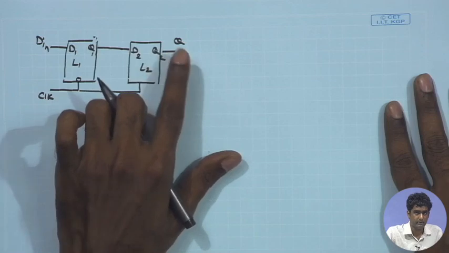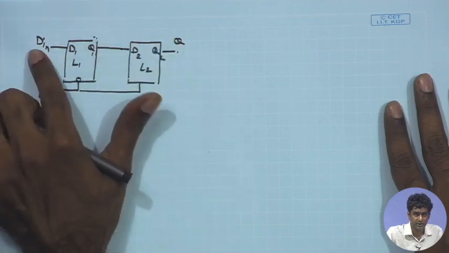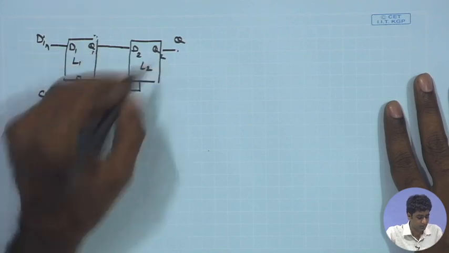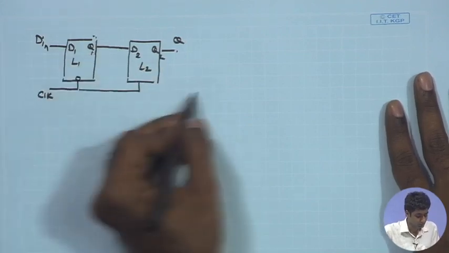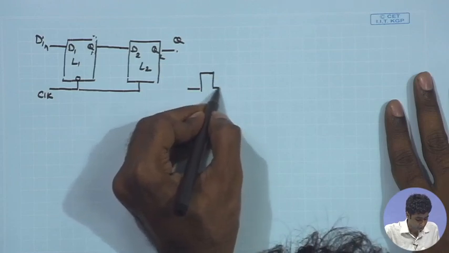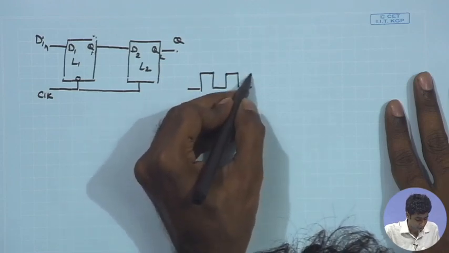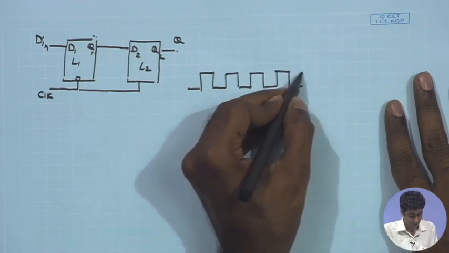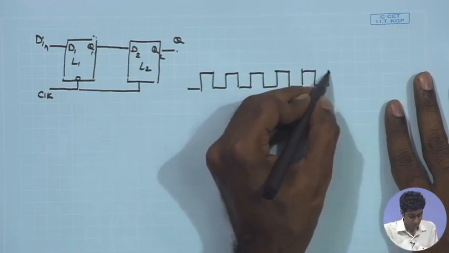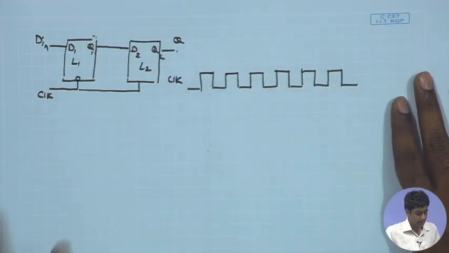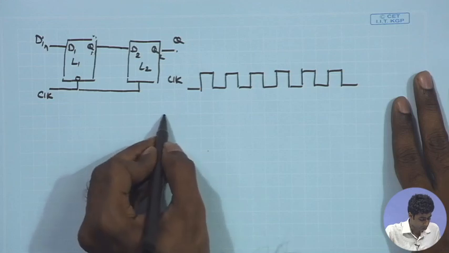So, I want to get the waveforms of Q corresponding to the change in D in and the clock. Let me mark this as the Q1 and the Q2. Let me first of all draw the clock waveforms and see the overall behavior. This is my clock, and suppose I have some random data.